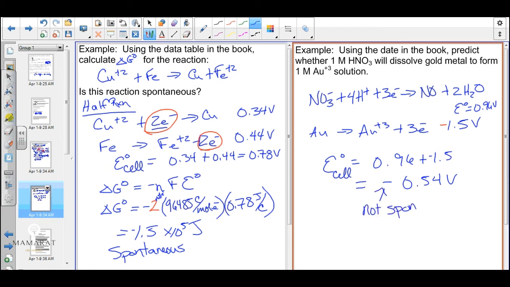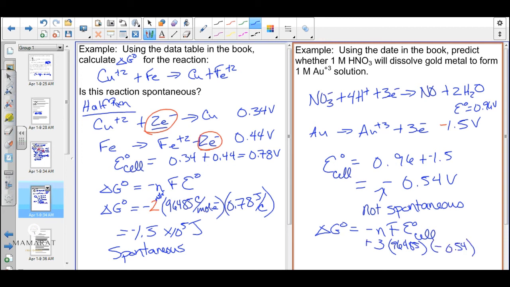And if you were to feed this into the equation of delta G0 equals negative NF E cell, you would find that we would have 3 electrons. We would have Faraday's constant. And then we would have this negative 0.54 volts.